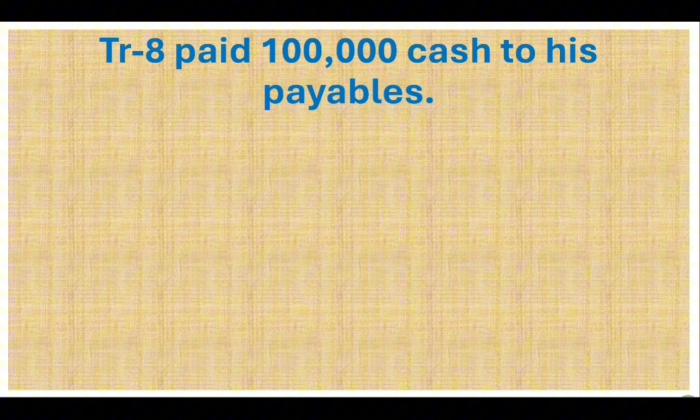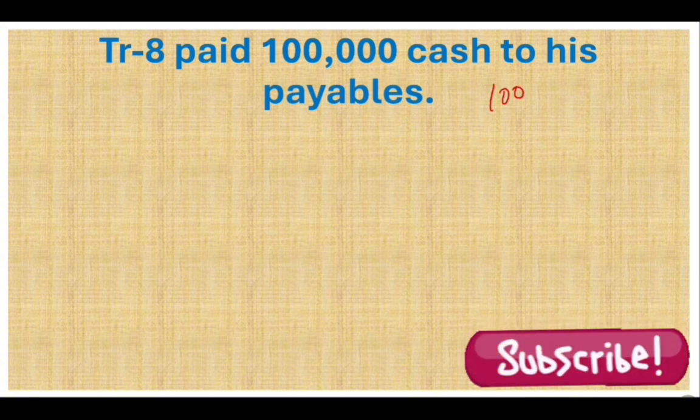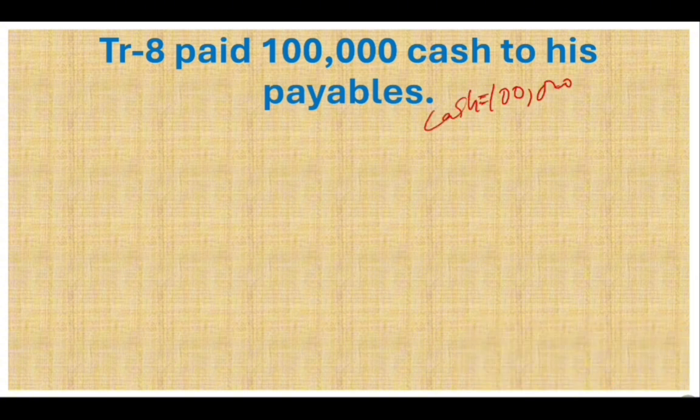In transaction 8, the company paid 100,000 cash to its payables. Out of the 200,000, the company is going to pay 100,000 in cash to its creditors. Cash is expected to decrease by 100,000 because we are going to pay cash to our creditors, and also our account payable is going to reduce by 100,000.